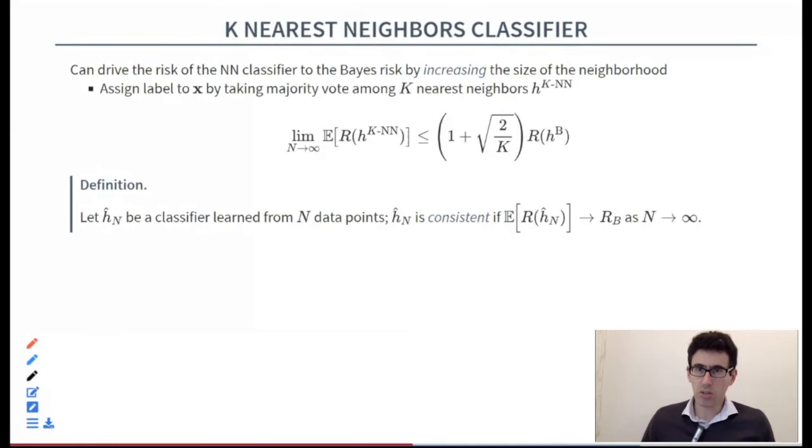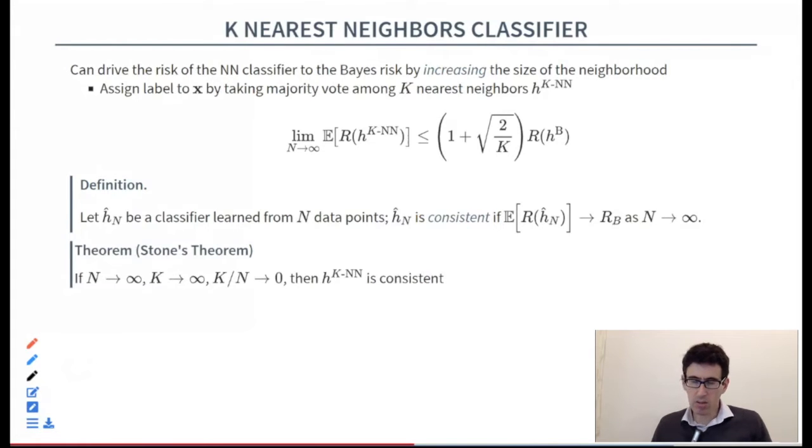Another thing that's interesting that people have studied in great detail is a notion of consistency. Specifically, you say that a classifier is consistent if you can show that if you take the average value of the risk of your classifier over many possible data sets, then it has to go towards the best risk, the risk of the base classifier, the base risk.